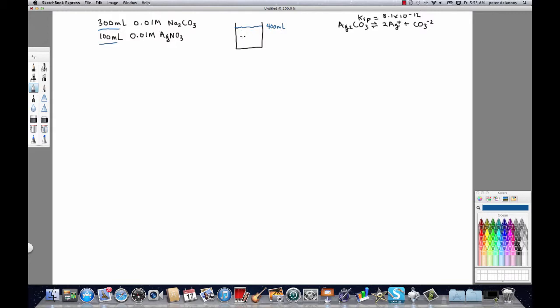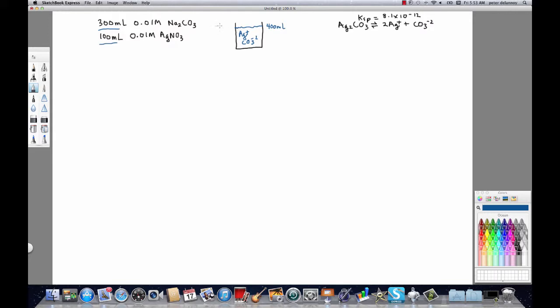Unlike the previous examples, in this one we're not starting with a powder on the bottom of the beaker. We're starting with silver ion in solution, and carbonate, which is also in solution.